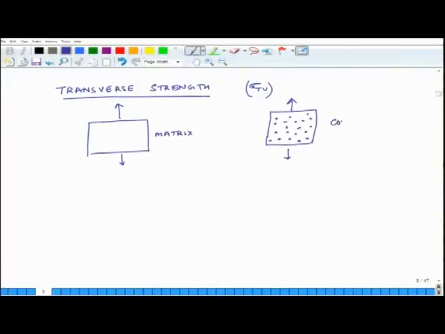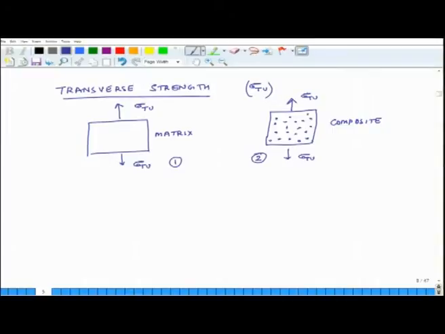So, this is a composite and then the strength in case 1 will be typically found to be more than the strength of the composite.